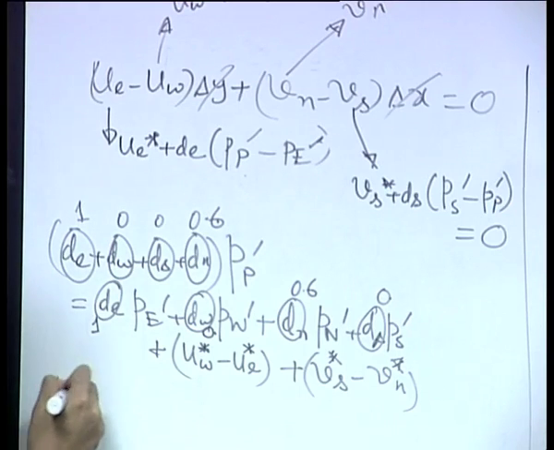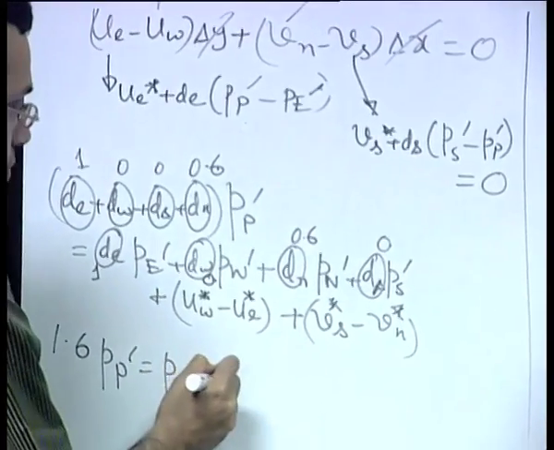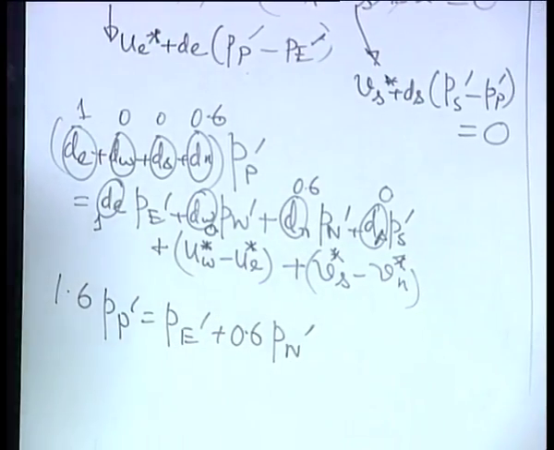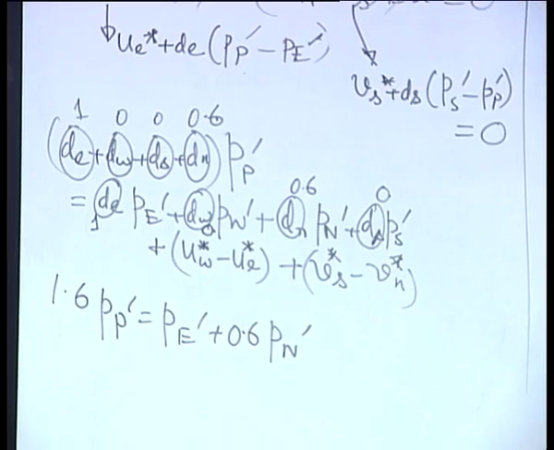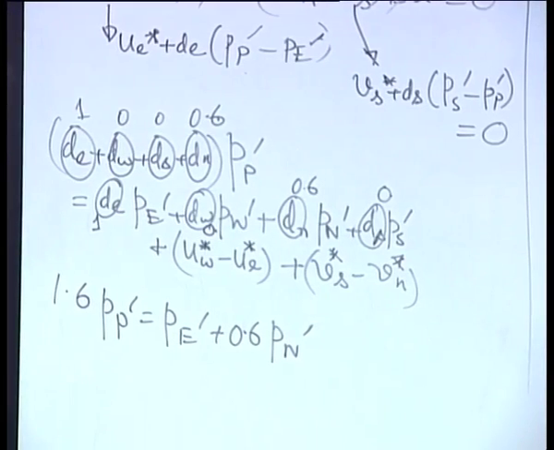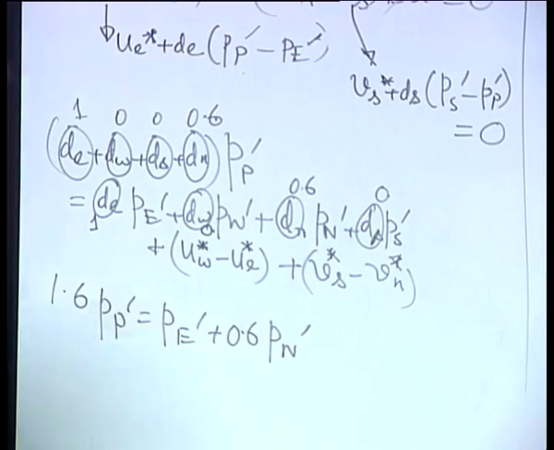So 1.6 Pp prime is equal to Pe prime plus 0.6 Pn prime plus uw star.